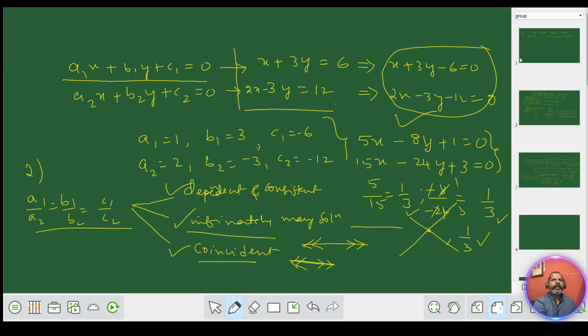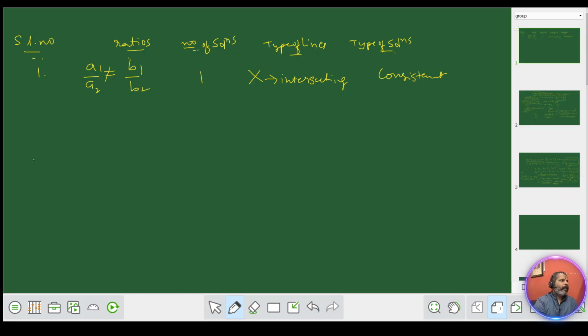Okay. Can we make a table? In the second one, all three ratios are equal, right? A1 by A2 equal to B1 by B2 equal to C1 by C2. Number of solutions is how many? Infinite. Remember, infinite solutions. How does the line look when we plot them?